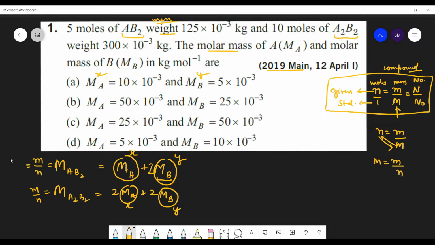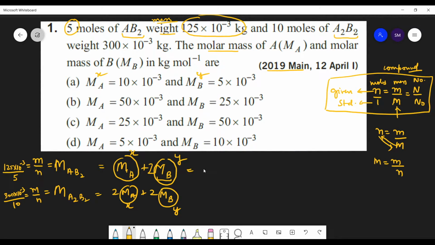What is m for AB2? Sir, 125 into 10 to the power minus 3. 125 into 10 to the power minus 3 divided by how many moles are given? 5. In this case, 300 into 10 to the power minus 3 by 10. 300 into 10 to the power minus 3 divided by 10.